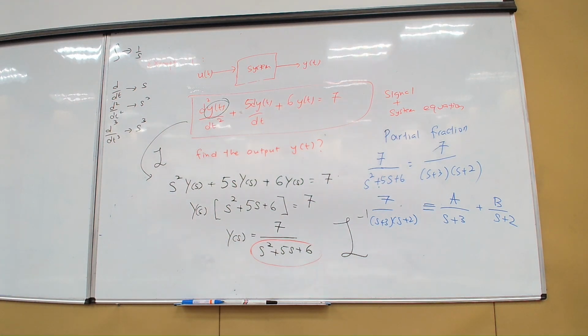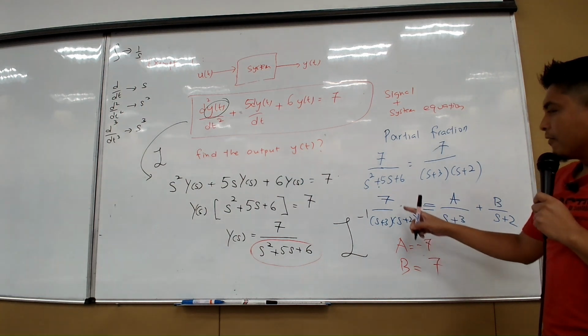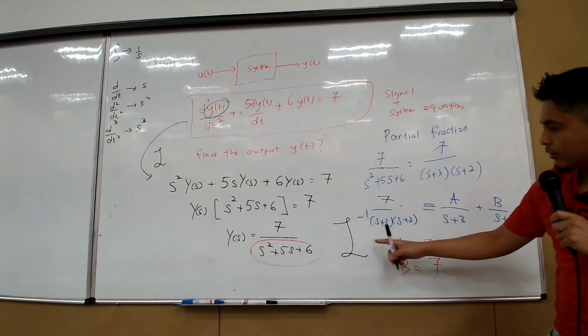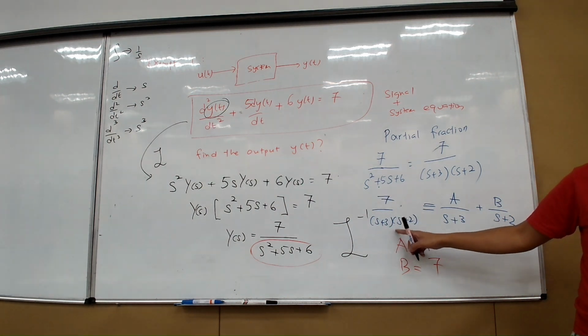So what you need to do is find the A and B values. Firstly, you need to write the whole question first, in this form.